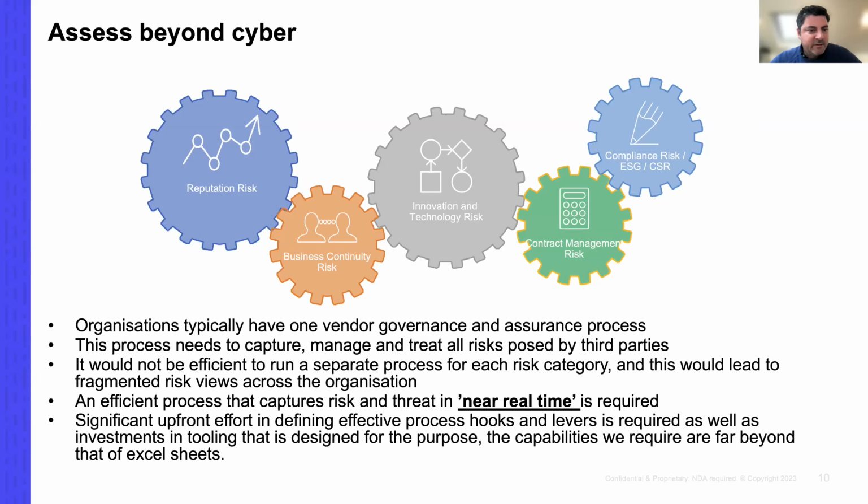We don't want to run separate processes for each of these different areas. So we've talked about cyber risk, we've talked about technology risk, we've talked about procurement risk, legal risk. It would be a logistical nightmare if each of these divisions and functions decided to stand up a platform and tool to manage their individual risk profile. And they don't have to, because we have technology that can do that holistically.